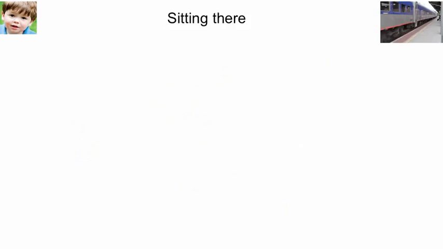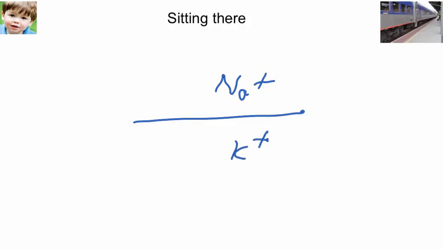We start off with our membrane patch. Our patch is just sitting there. Sodium ions are out here. Potassium ions are in here. Vm, potential relative to baseline, is equal to 0.